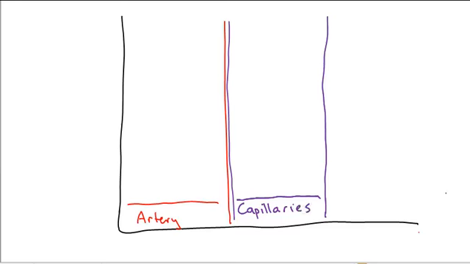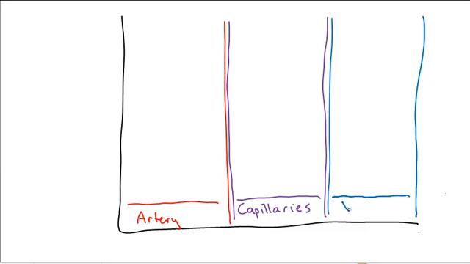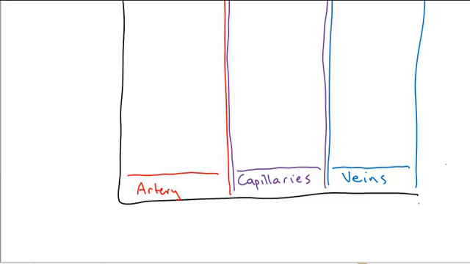And then we're going to look at a section of the graph that is considering what's going on in the veins. And now I've drawn it the stereotypical red for oxygenated blood, blue for deoxygenated blood, and purple for a mix between the two in the capillaries. But we are going to come up with examples where arteries are not always carrying oxygenated blood and veins are not always carrying deoxygenated blood.